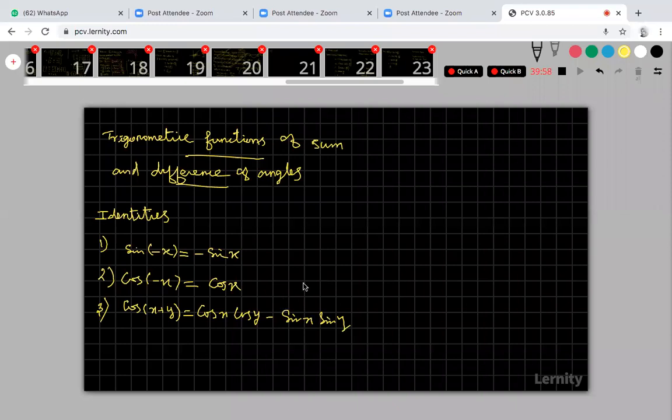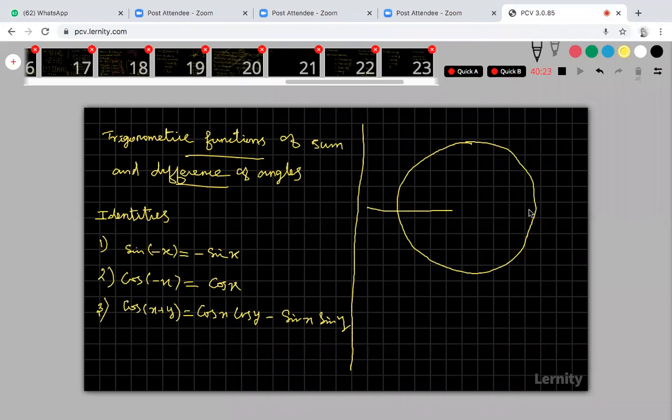Right. So how to prove the third one? Look at that.